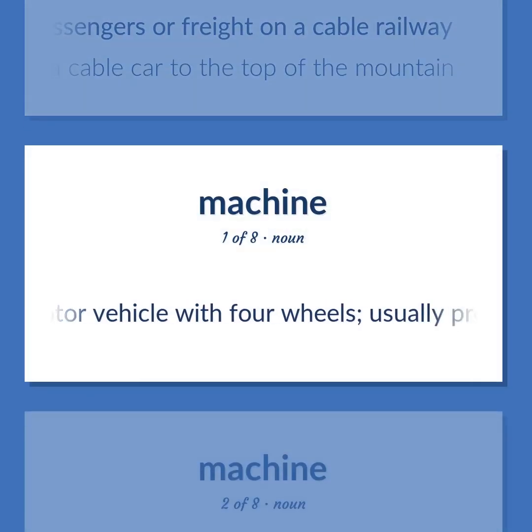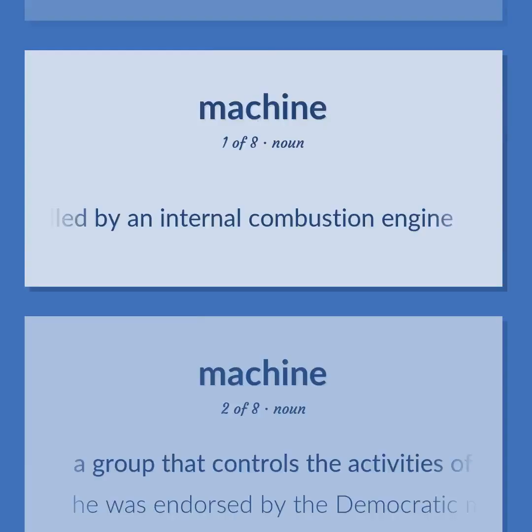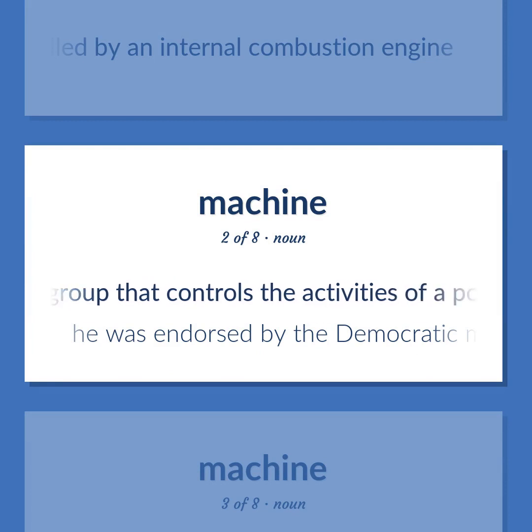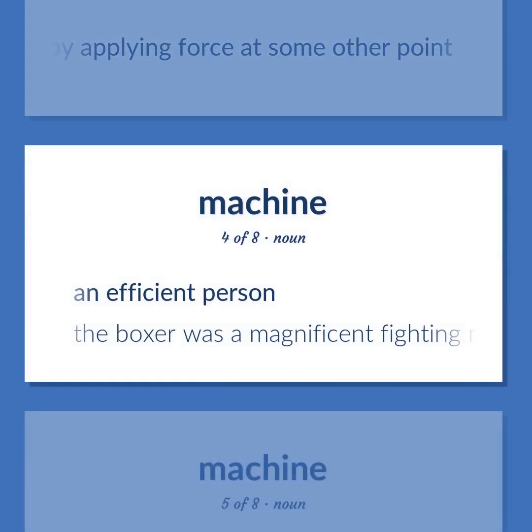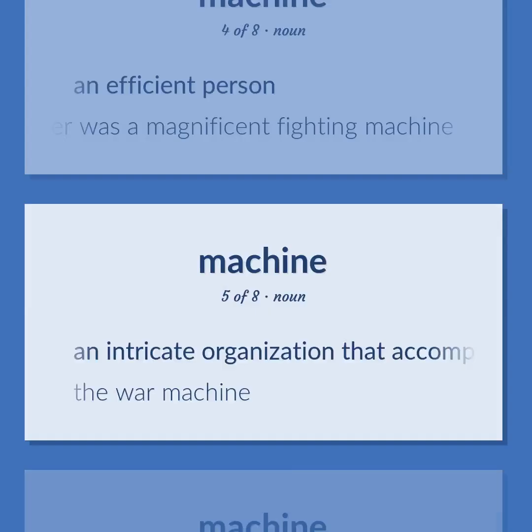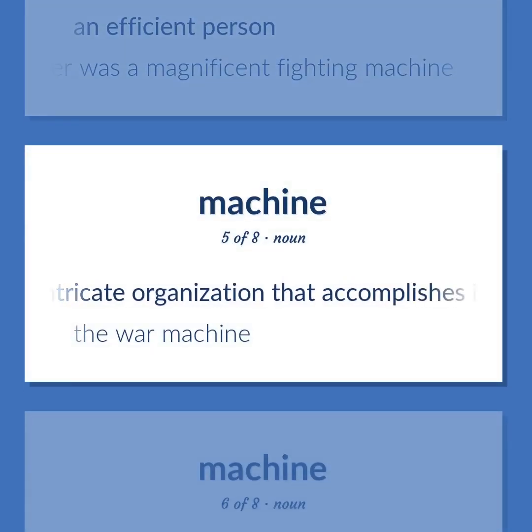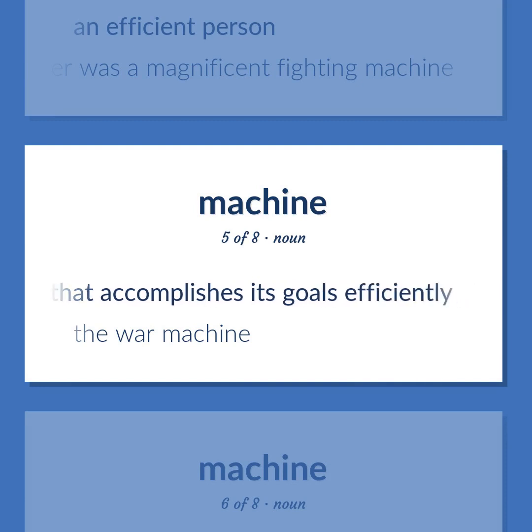A motor vehicle with 4 wheels, usually propelled by an internal combustion engine. A group that controls the activities of a political party. He was endorsed by the Democratic machine. A device for overcoming resistance at one point by applying force at some other point. An efficient person. The boxer was a magnificent fighting machine. An intricate organization that accomplishes its goals efficiently.